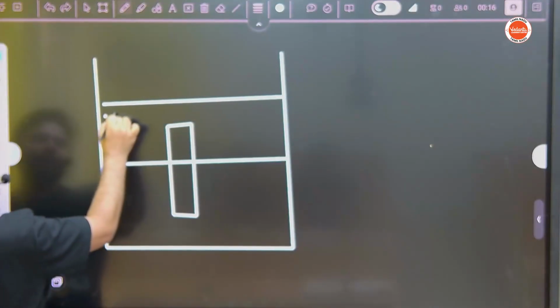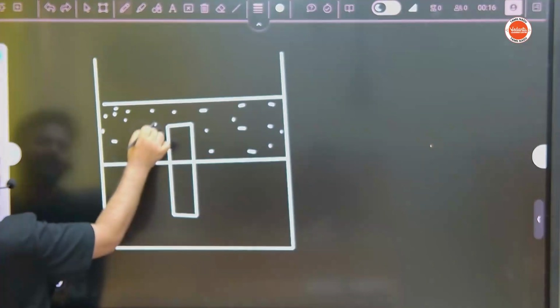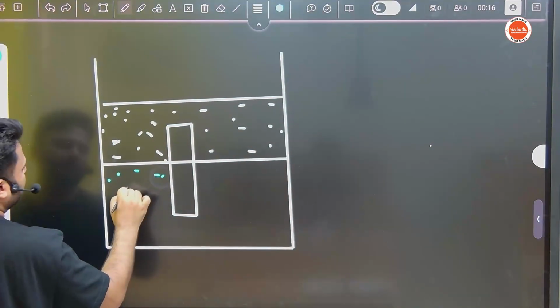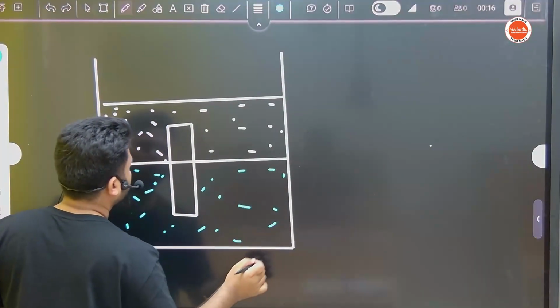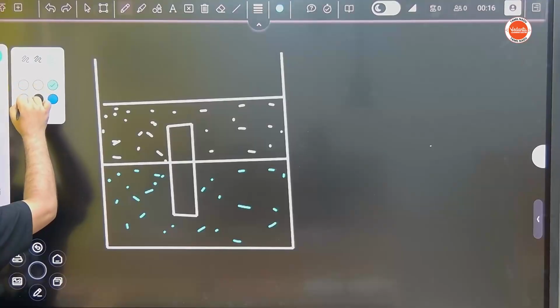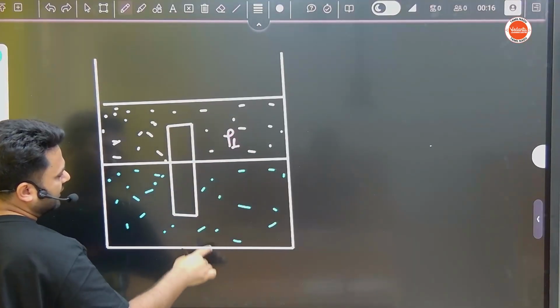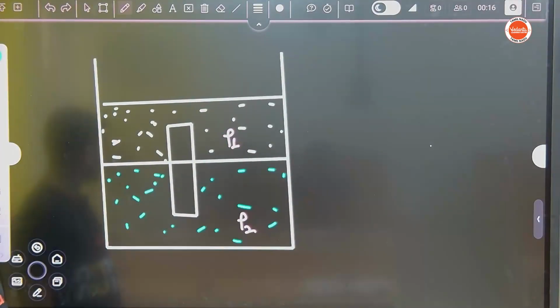Suppose here we have oil and here we have water. So we have two liquids. The density of liquid 1 is rho 1, and the density of this liquid is rho 2.